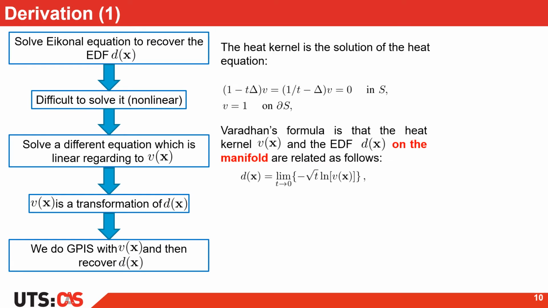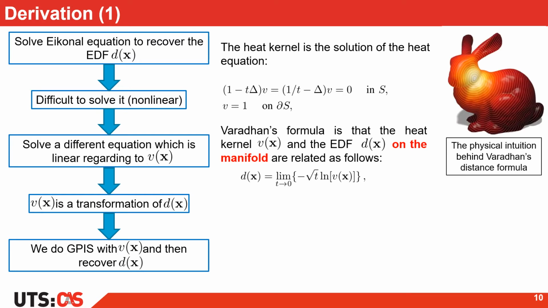How to do it? A work in computer graphics introduces a heat equation with a heat kernel to get around solving the eikonal equation. The heat kernel v(x) and the EDF d(x) on the manifold are related by Varadhan's formula. There is a figure to show the physical intuition about Varadhan's formula.